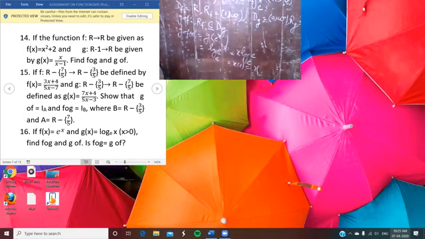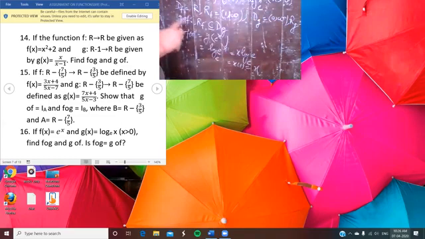In this way, you find the value of gof and fog. You see that both functions have the same value, but if you are talking about the domain, just check it. In the case of the gof function, the domain of gof is the domain of f, as you can see in your diagram for the composition of functions. The domain of f is R here, and the domain of g is 0 to infinity.